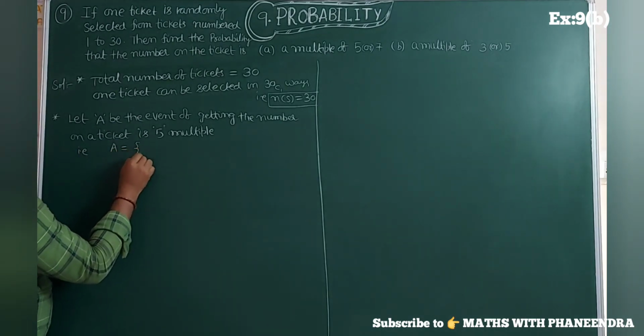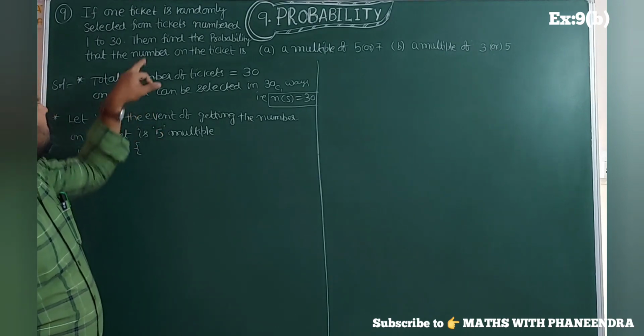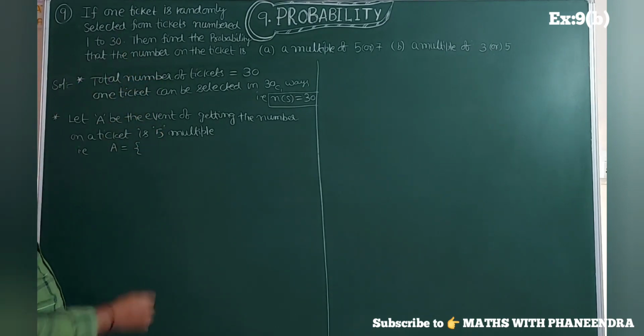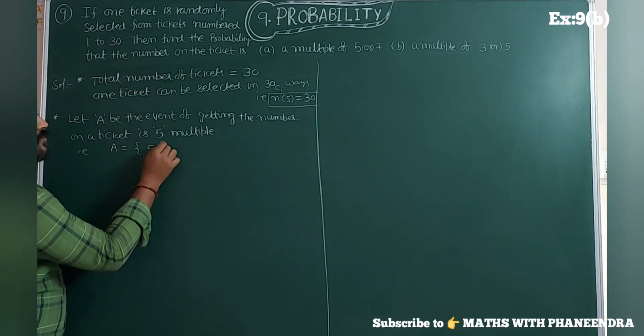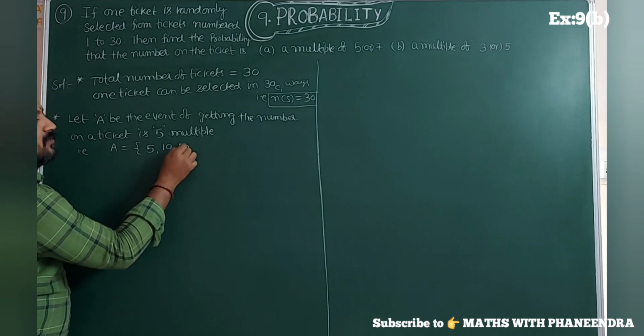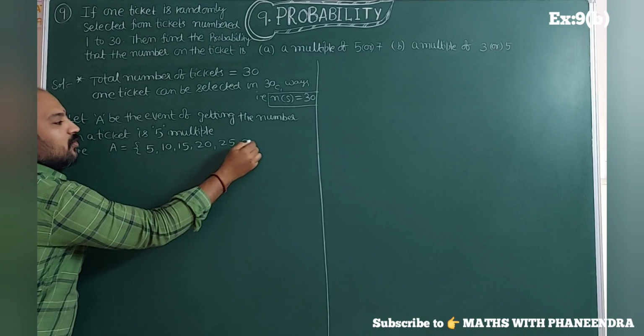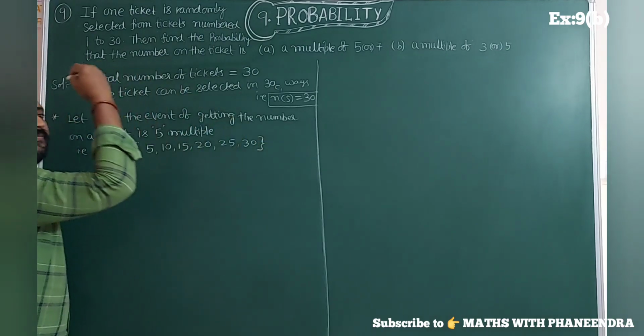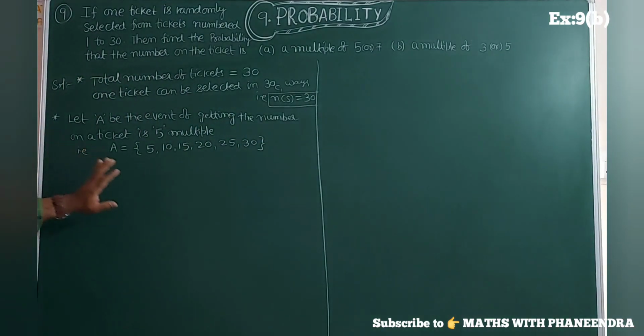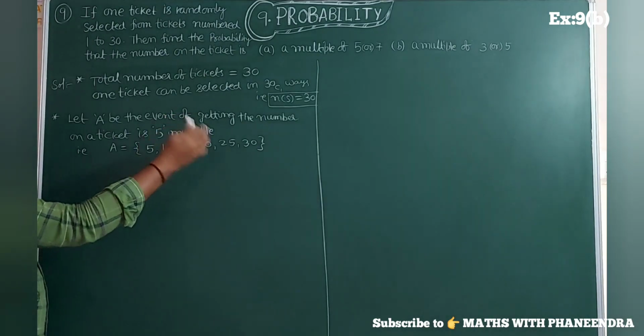A is equal to the multiples of 5 till 30: 5 ones are, 5 twos are, 5 threes are, 5 fours are, 5 fives are, 5 sixes are. We can write till here only. So N of A, how many numbers do we have? 6 numbers.